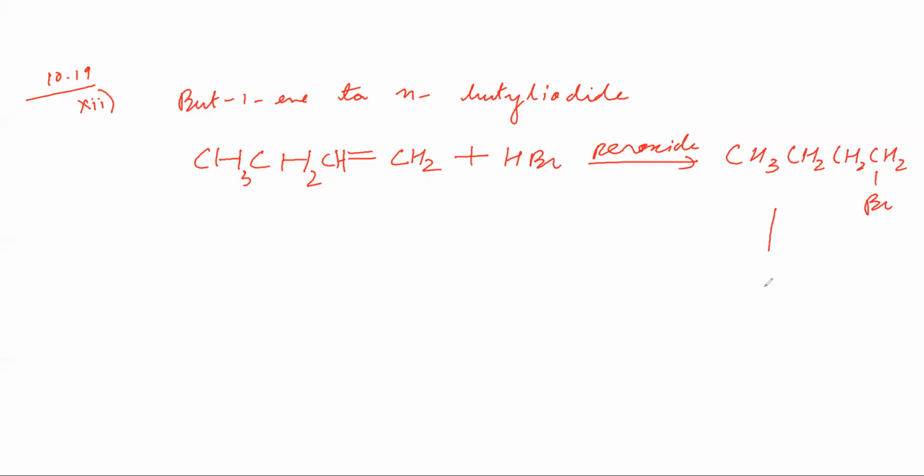Now after this we have a very famous reaction, the halogen exchange reaction. You just do this exchange reaction and you are going to get the answer: but-1-ene to n-butyl iodide, or you can say iodobutane. Okay.